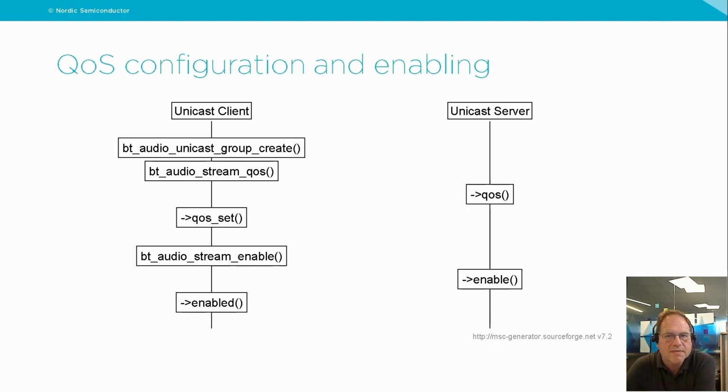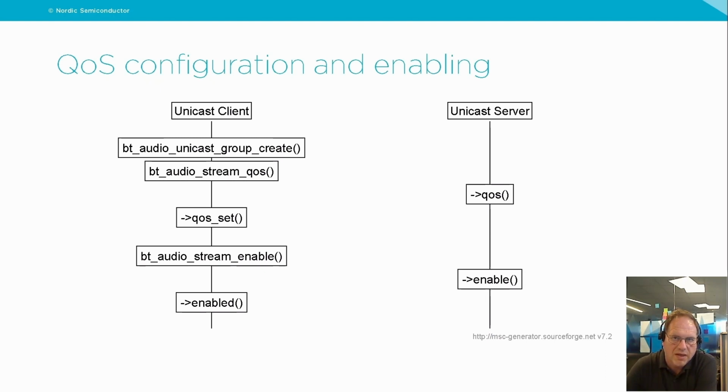It will then do an audio stream QoS call to set the quality of service parameters for the whole group. So all streams in the group have the same quality of service parameters. So this results in a callback on the server and a QoS set callback on the client again.